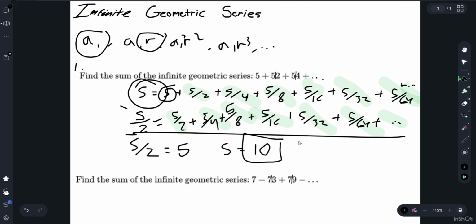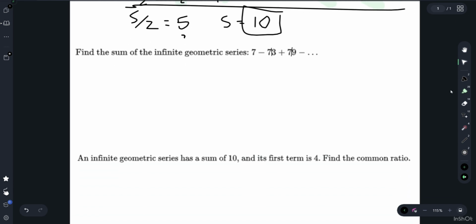Now let's continue to work on our second problem here. Find the sum of the infinite geometric series 7 minus 7 over 3 plus 7 over 9 minus, and so on forever. Let's write it out: 7 minus 7 over 3 plus 7 over 9 minus 7 over 27 plus 7 over 81.